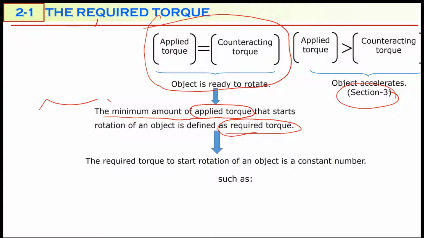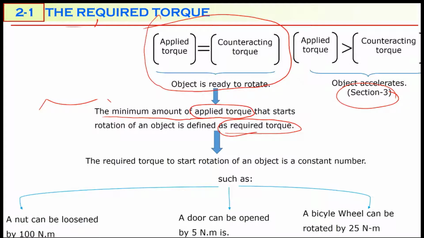So the required torque to start rotation of an object is a constant number. For example, I gave some random numbers: a nut can be loosened by 100 Newton meter torque, a door can be opened by 5 Newton meter, a bicycle can be rotated by 25 Newton meter.